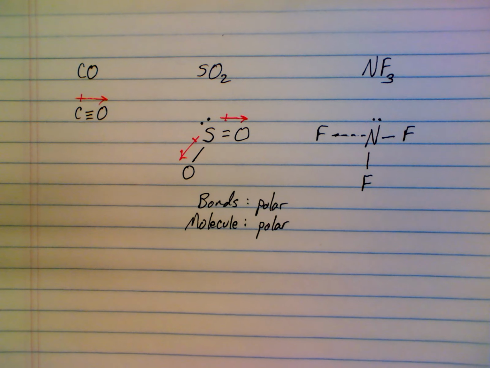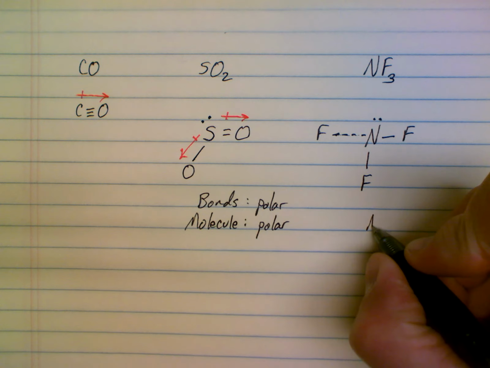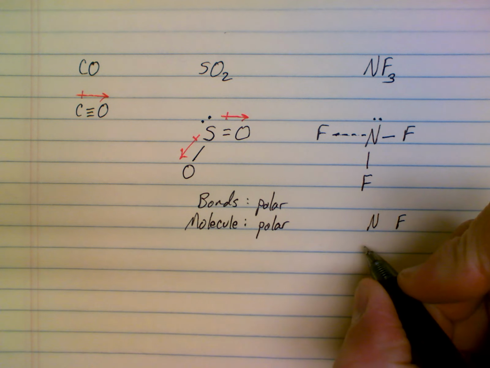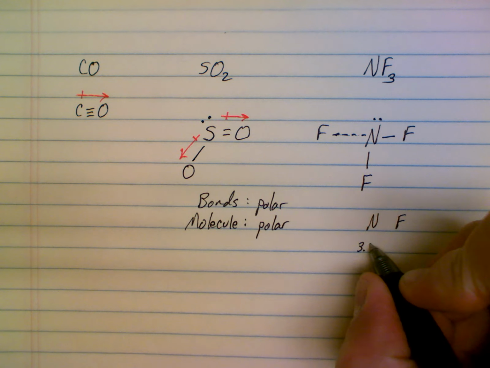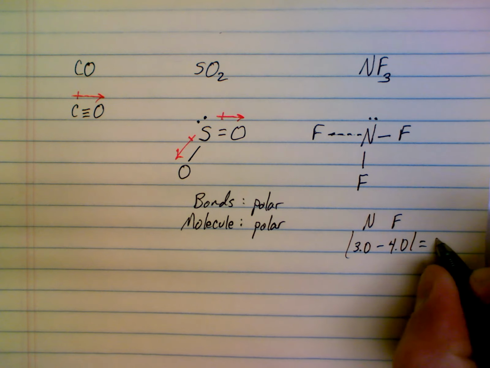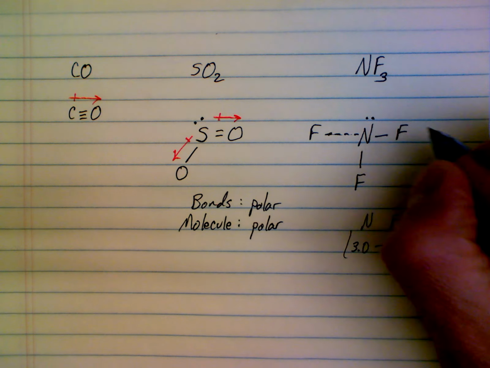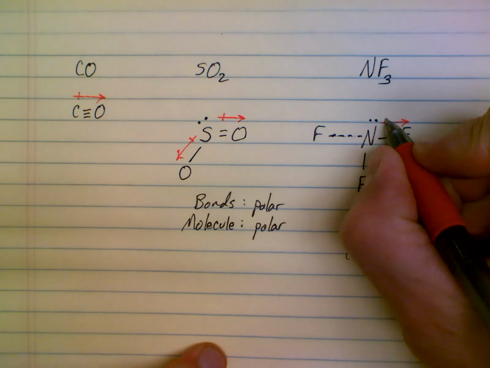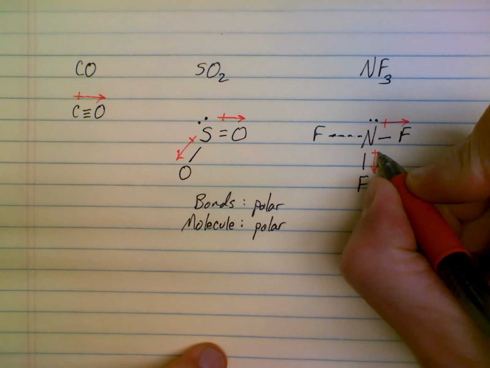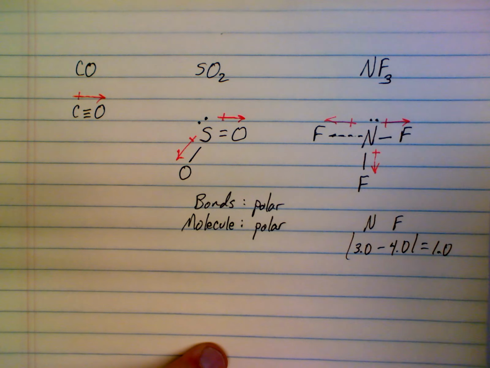We have to first determine if the bonds themselves are polar. So we look at nitrogen and fluorine individually. Nitrogen has an electronegativity of 3.0, and fluorine is 4.0. So the difference here is going to be 1.0. So we know that we have a polar bond here. The nitrogen to fluorine bond will be polar, and we'll have a dipole going to each of these.